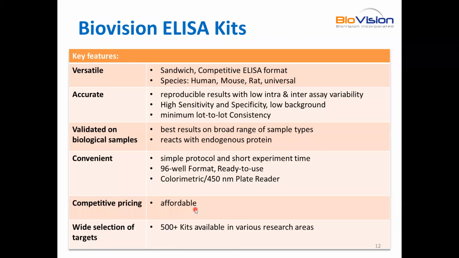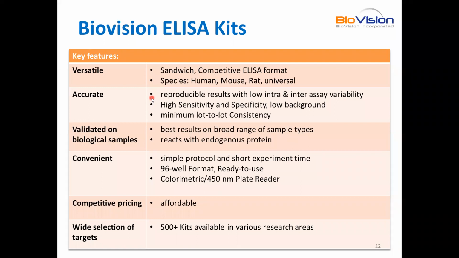Moving forward, I'm going to talk about some of the key features of our BioVision ELISA kits. All BioVision ELISA kits are QC'd for different parameters, so I'm going to talk about some of the key features and high selling points.